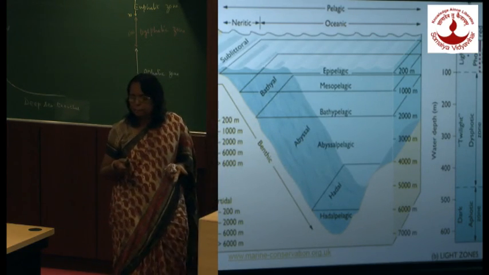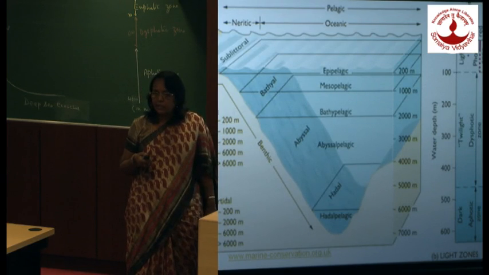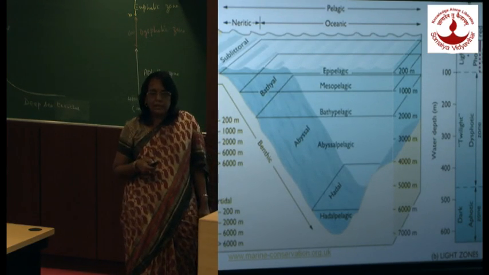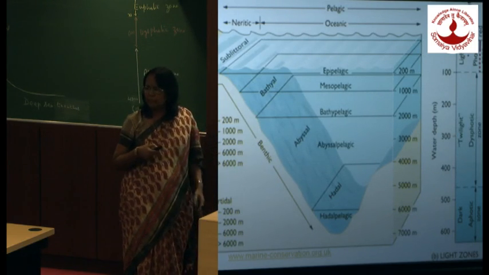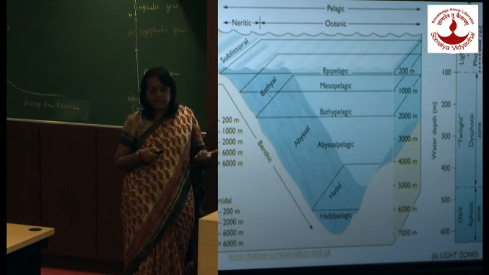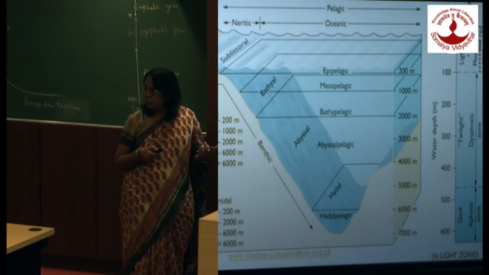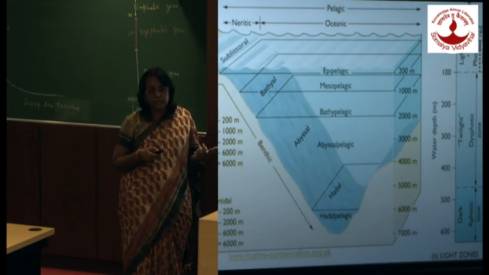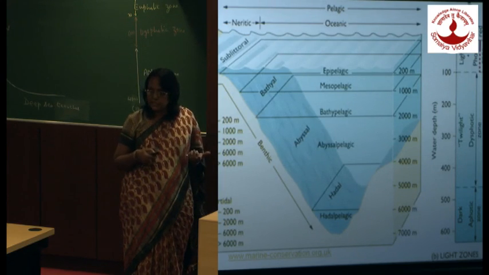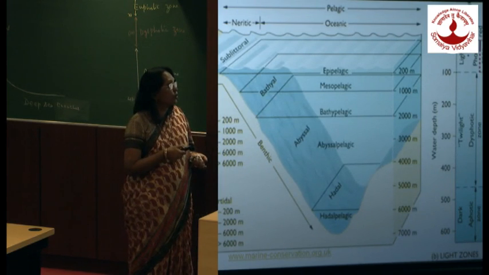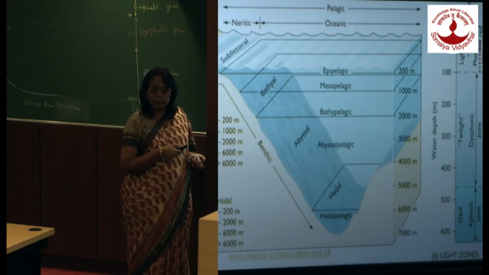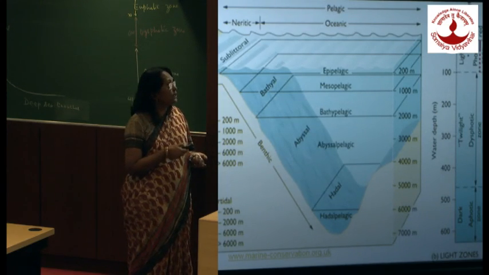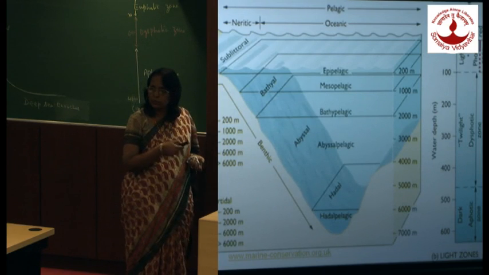Because there are some sea organisms. Yes, because light is required for what? The basic, primary purpose is there are so many phytoplanktons which are the producers. So the basic requirement of light of course is for the purpose of photosynthesis. Alright, so it is required here, and the maximum energy transfer happens in photic zone.